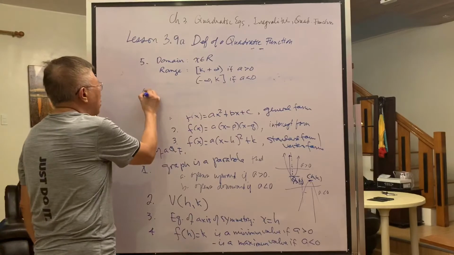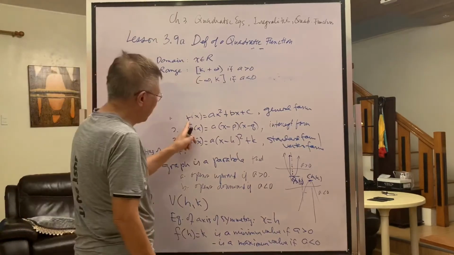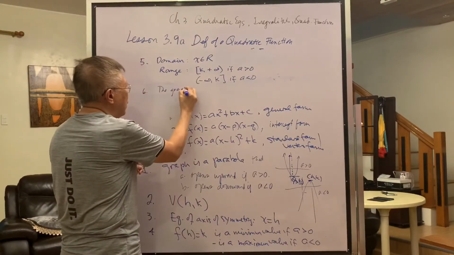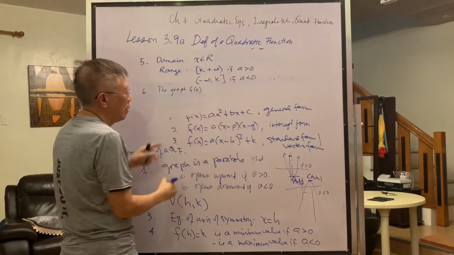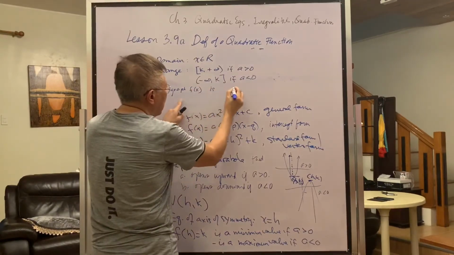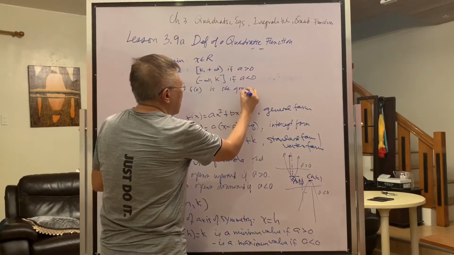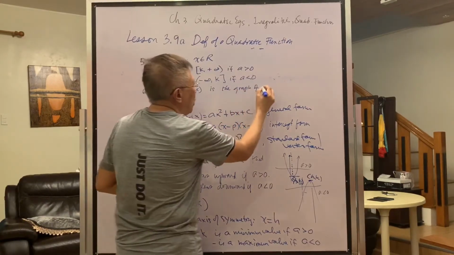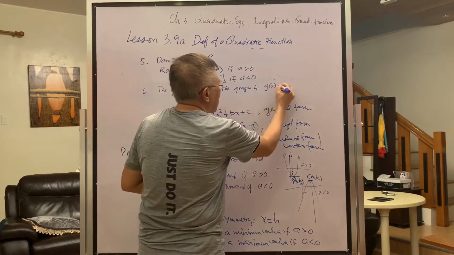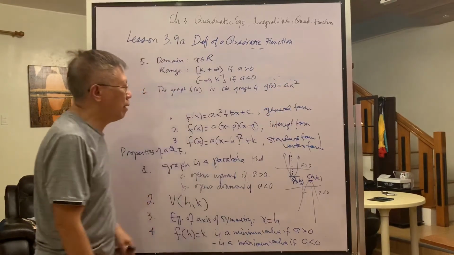Okay? Now, the graph of f of x is actually the graph of g of x equals ax squared.